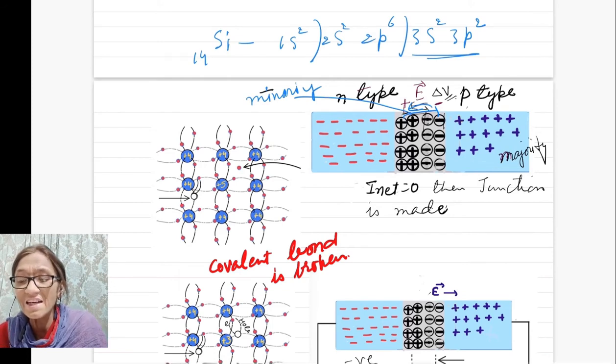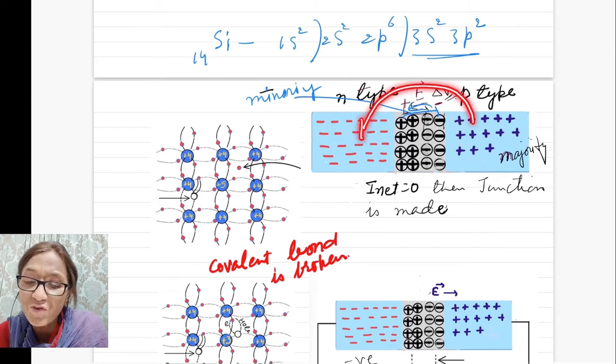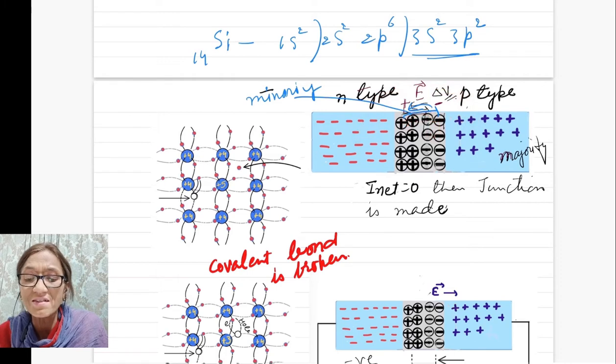So initially you had diffusion current, now you are having drift current, and this is in a direction just opposite to the direction of the diffusion current. Diffusion was along this side and drift is along this side.